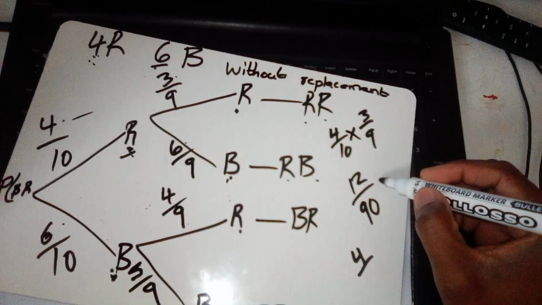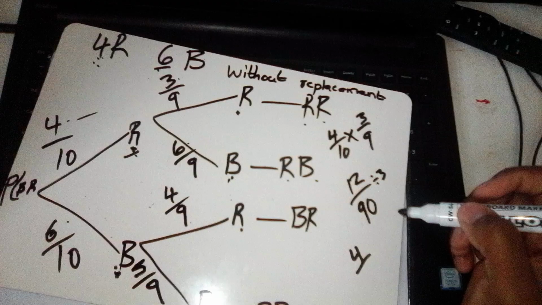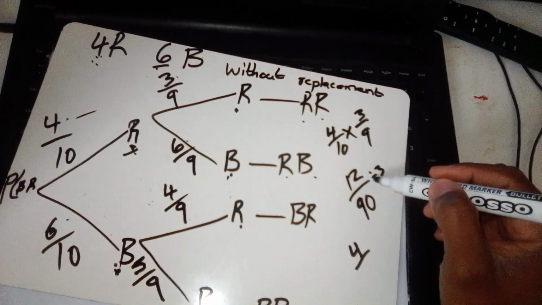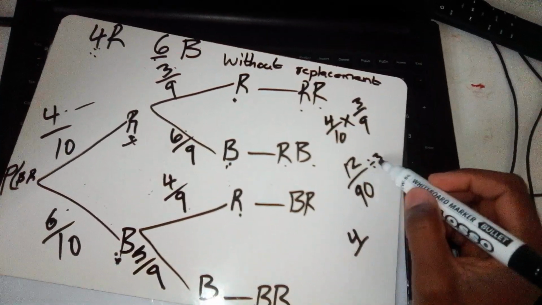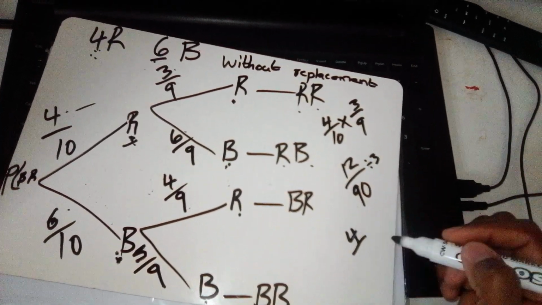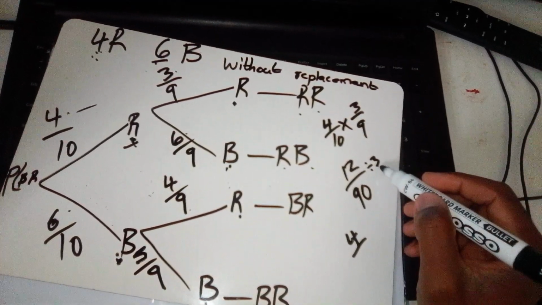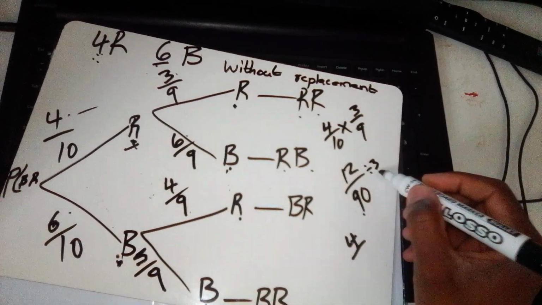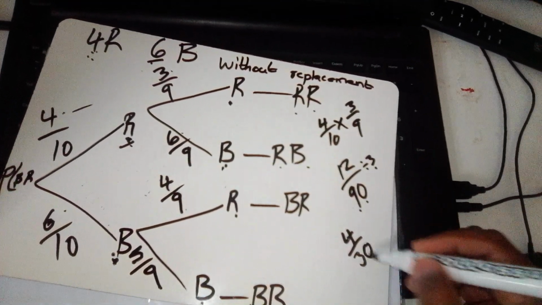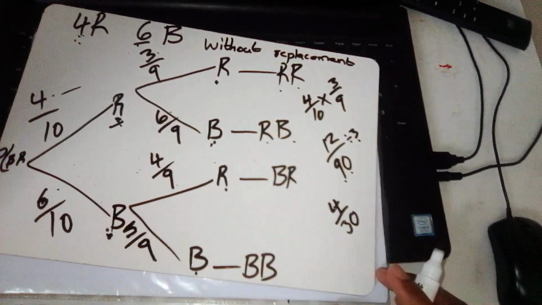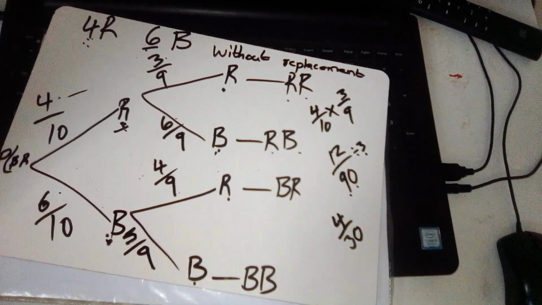We divide both numbers by 3, because 3 can go into 90. 12 divided by 3 gives 4, and 90 divided by 3 gives 30.